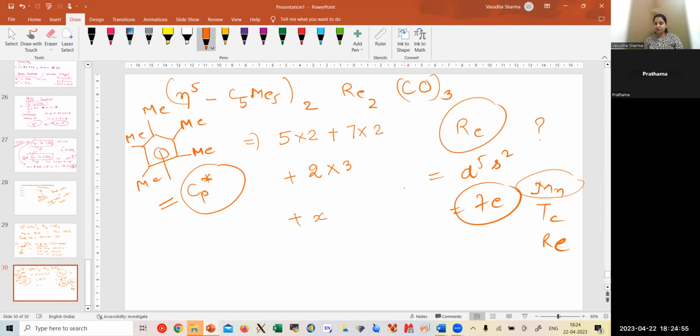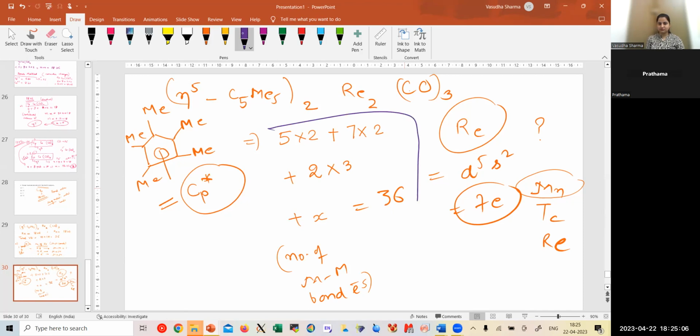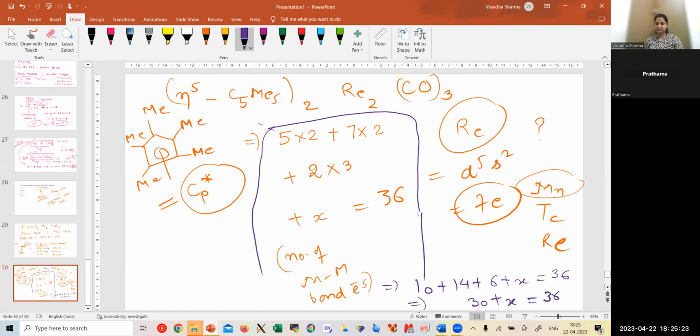X is the number of metal-metal bond electrons that we have to find out, and the total value is 36. So 10 plus 14 plus 6 plus X equals 36. This gives 30 plus X equals 36, and X will come as 6.